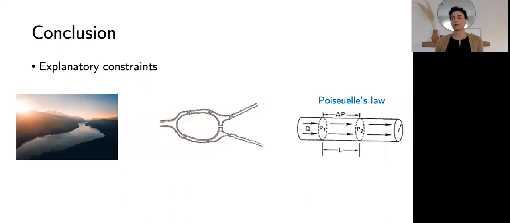This is aimed at specifying what it means to say that an explanatory factor is a constraint and what types of explanatory constraints exist. In this work, I've suggested a new taxonomy of constraint types, including mathematical and causal constraints.